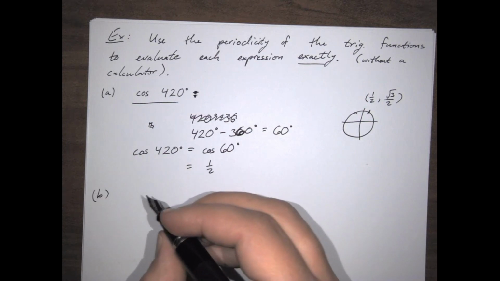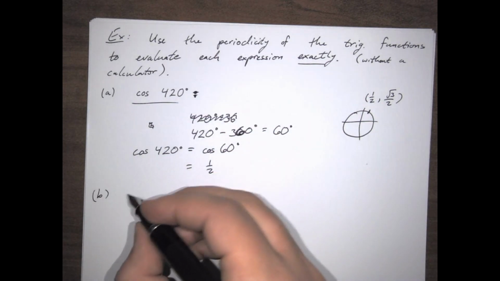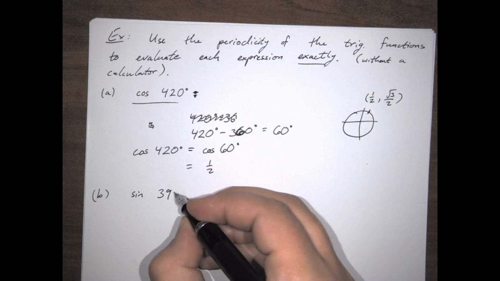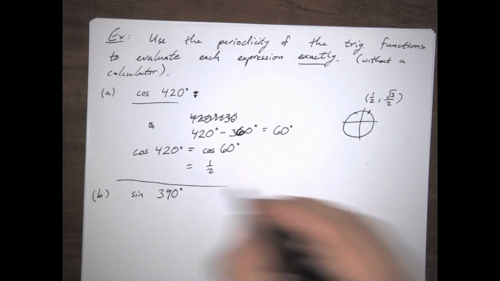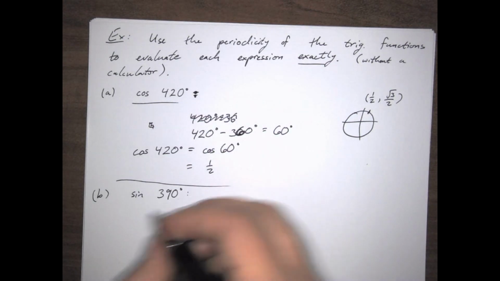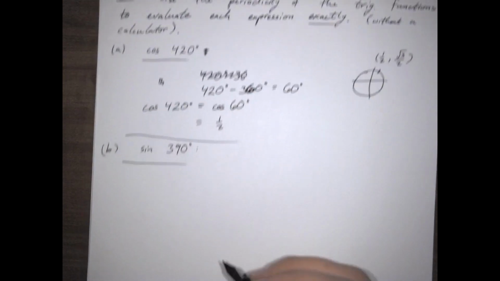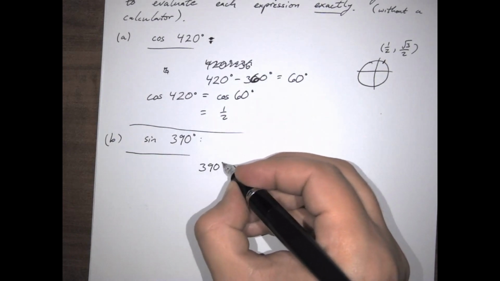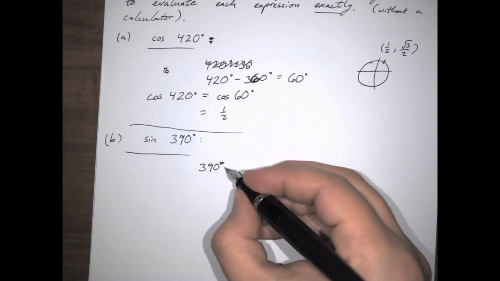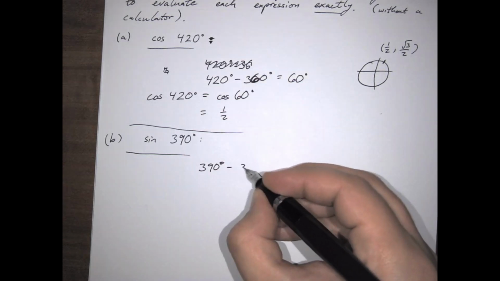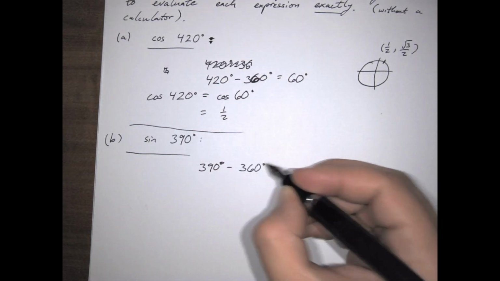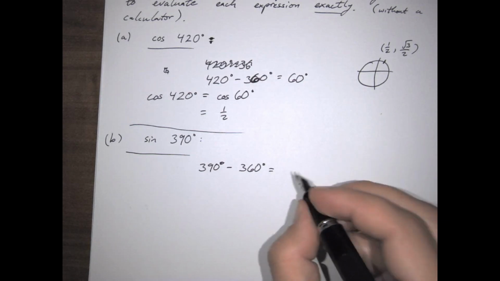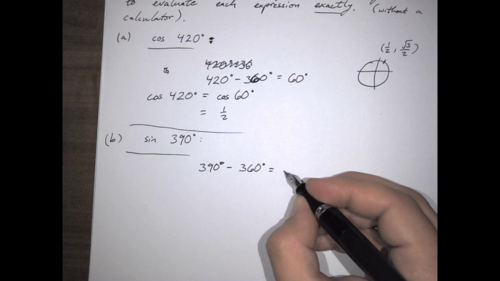Now, what if we were to talk about something like the sine of 390 degrees? Again, we are outside of our more comfortable angles, so we can just subtract 360 or add 360, as the case may be, until we are left on more familiar footing.